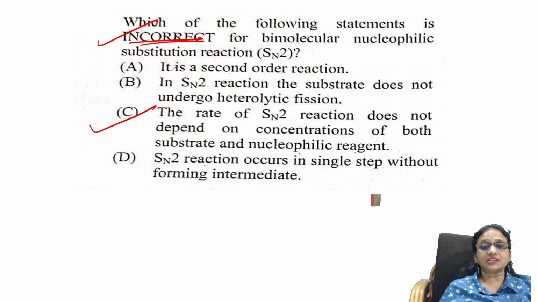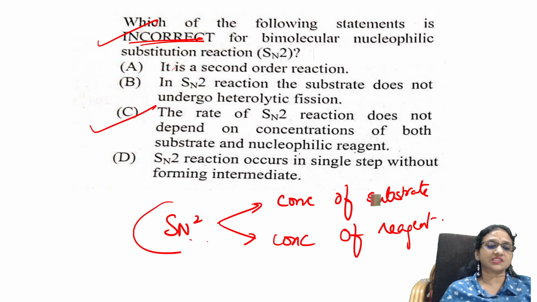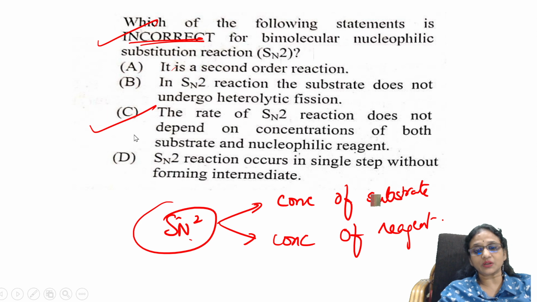In SN2, the rate depends upon two things: the concentration of the substrate, and the concentration of the reagent. Both things it depends on. That's why it is SN2. So the wrong statement is the next one.